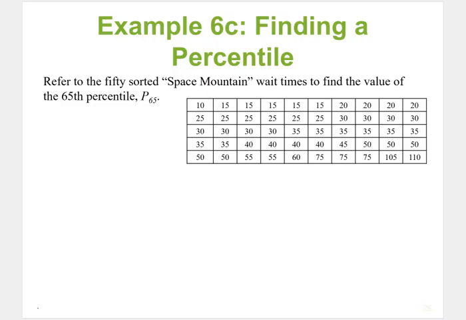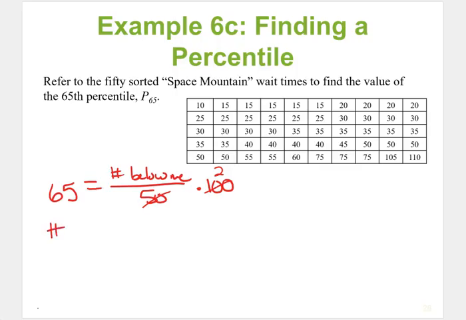All right, so the 65th percentile is going to be the number below me divided by 50 times 100. Right, so 50 goes into 100 twice, and then I would divide both sides by 2. So I've got the number below me is going to end up being 32.5, which obviously can't be, so we're going to round that up to the 33rd spot.